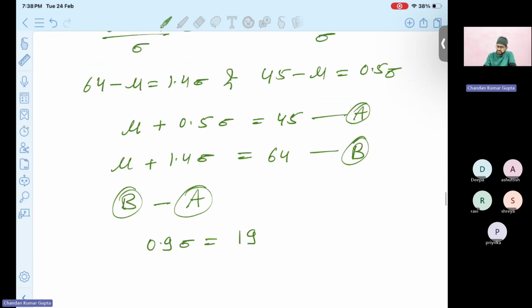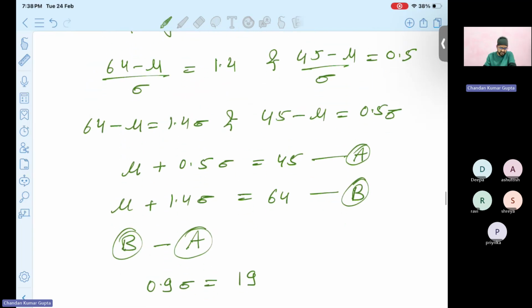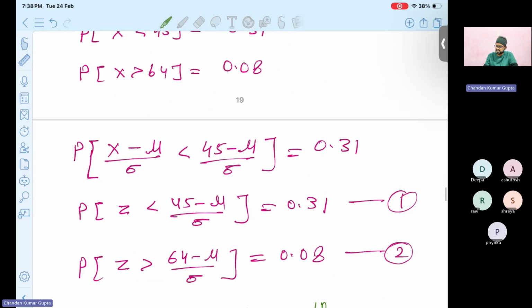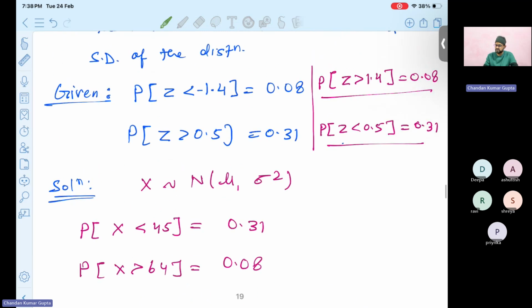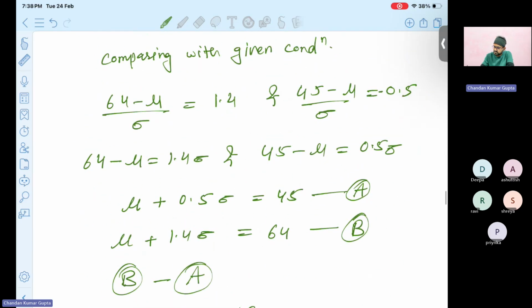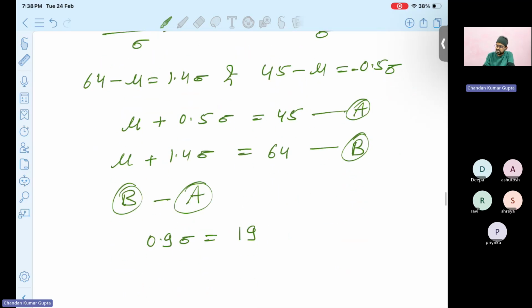I think there is one thing missing here, because here it is Z greater than 0.5, so this one comes out to be minus.